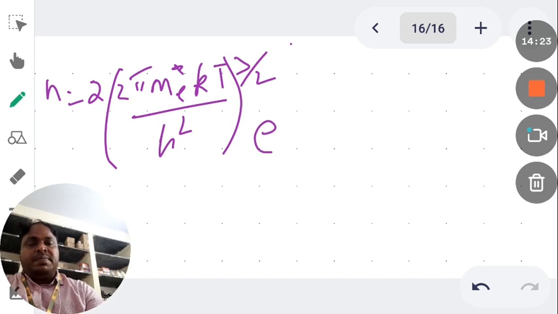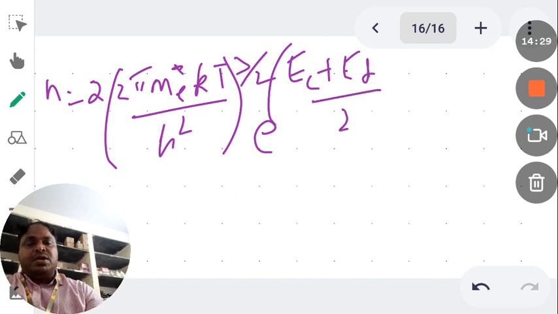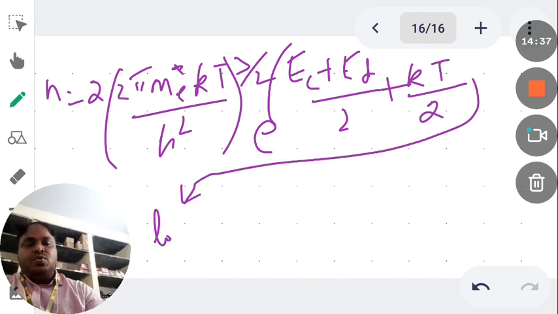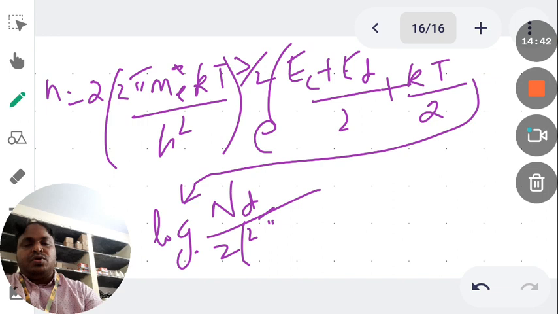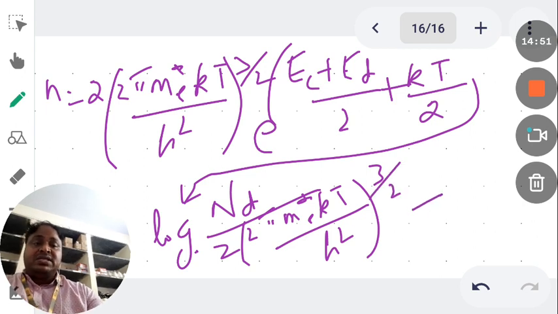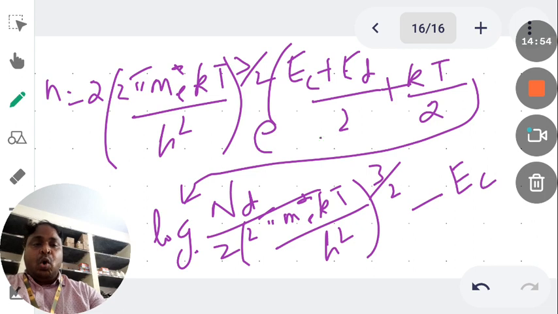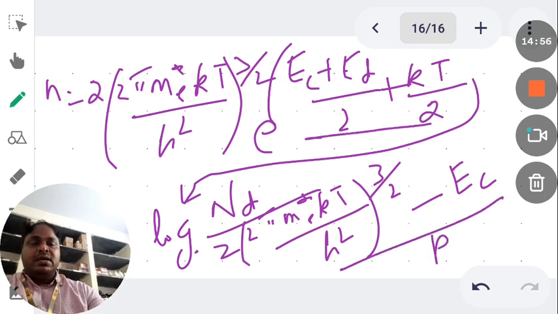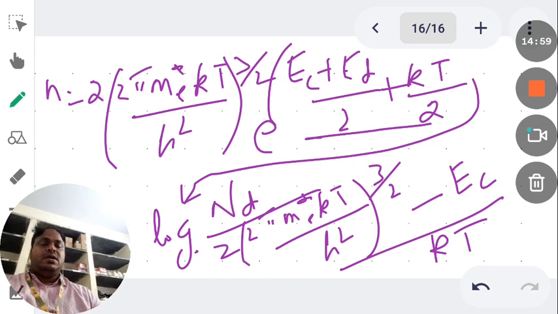Okay, then e power, we have to write the whole thing, EC plus ED by 2 plus KT by 2, right, into log exponential ND by 2 into 2 pi me star KT by h square power 3 by 2, right, then minus EC, right, and the whole thing, the whole divided by KT.